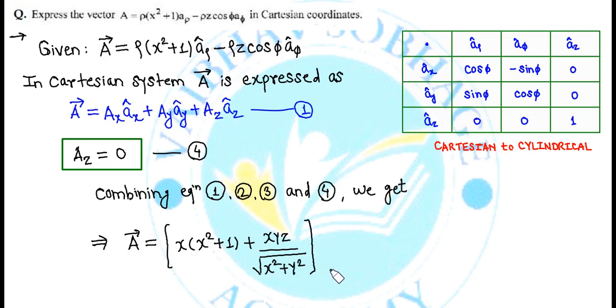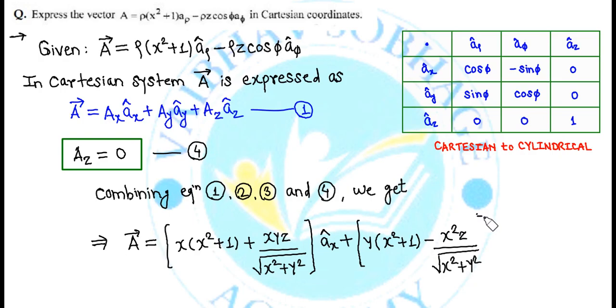So this is the magnitude along the x direction, having a component as a cap from here. This is your reference. Now plus, what is the magnitude of the ay component? From the previous slide, that is y into x square plus 1 minus x square z divided by the square root of x square plus y square.